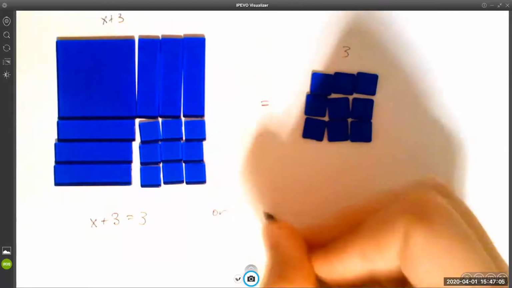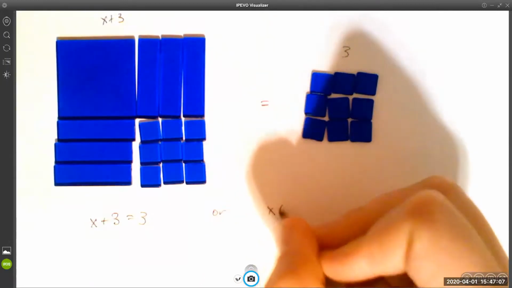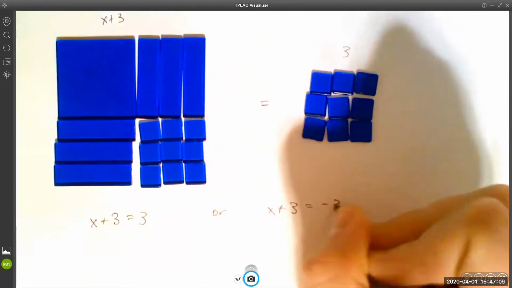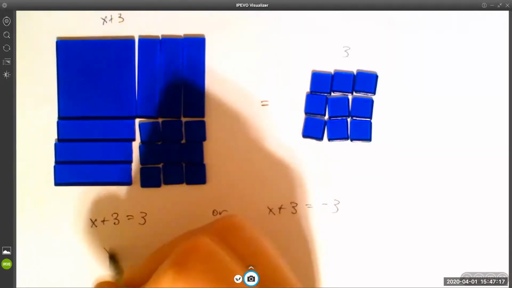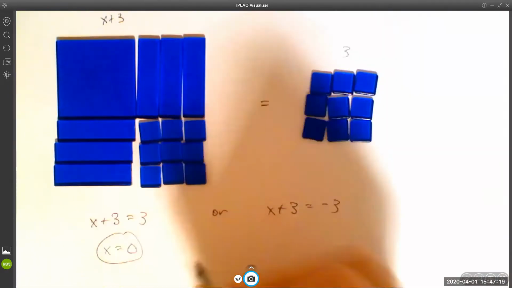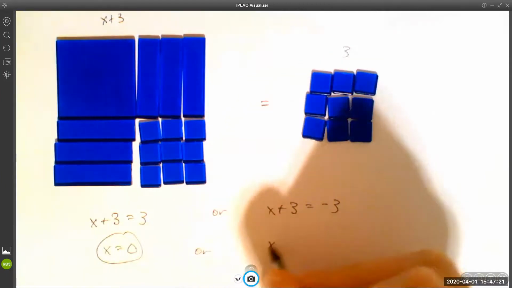Another solution would be that x plus 3 equals negative 3, right? Same reasoning as on the previous examples. So we finish solving for x, right? We would subtract the 3, x equals 0, or x equals negative 6.